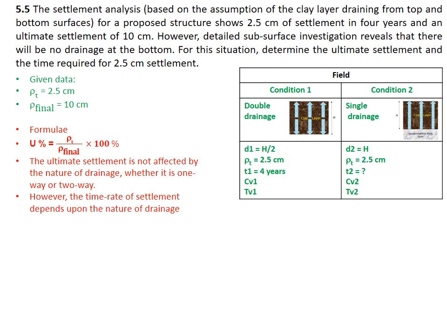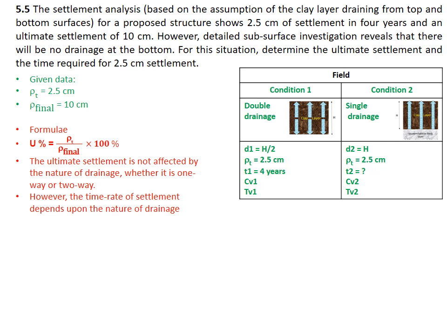That means in condition 1 and condition 2, the value of the ultimate settlement will be same. So even if it is a double drainage, the ultimate settlement here is 10 centimeters. And if you change the drainage condition to single, then also the ultimate settlement will be 10 centimeters.